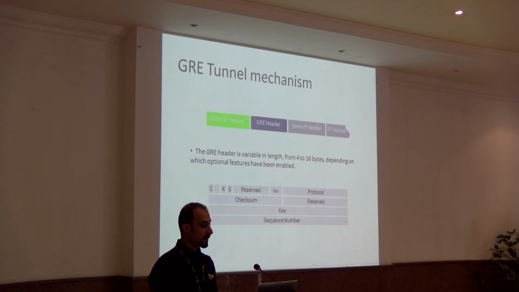The GRE works the same as the IP in IP tunnel, but the difference between these two tunnels is that GRE has an outer IP header, after that it has a GRE header, then it has the inner IP header and the IP payload.